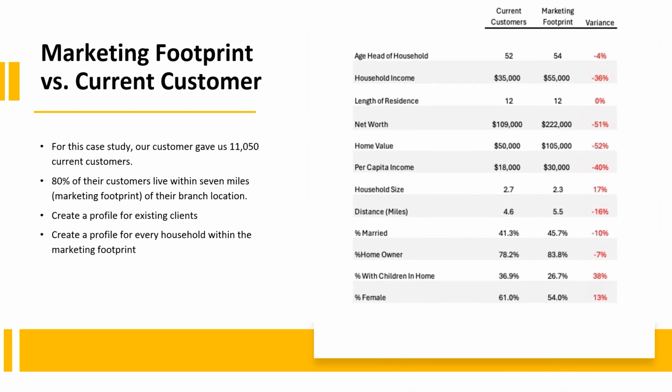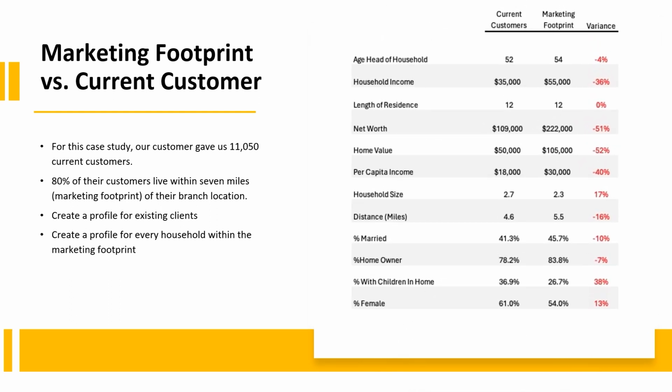When we look at the snapshot of every household within the 7-mile radius of their office, we can see that the average household is more affluent than their customers. They have a net worth of $222,000, their home value is $105,000, and their per capita income is $30,000. As you can see, there are some significant differences between their customers and the households inside their marketing footprint.